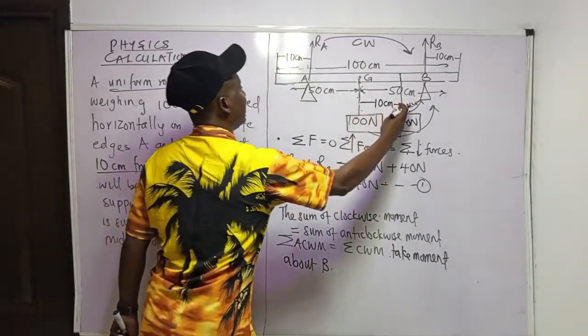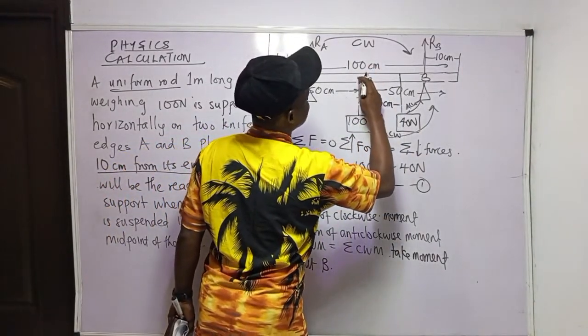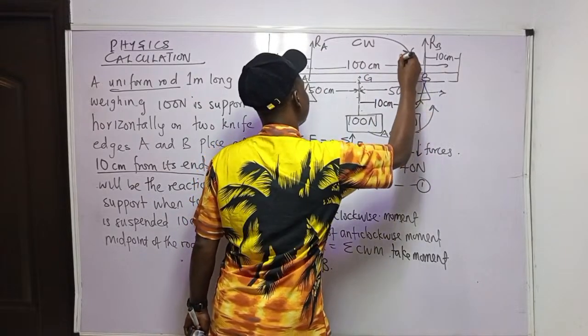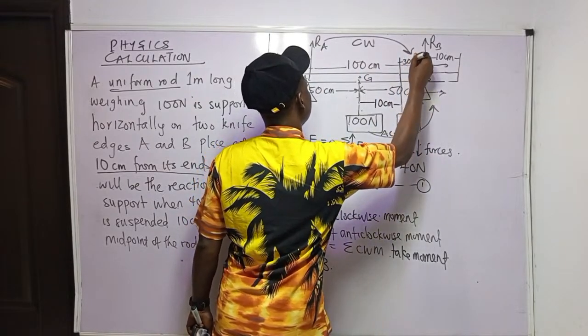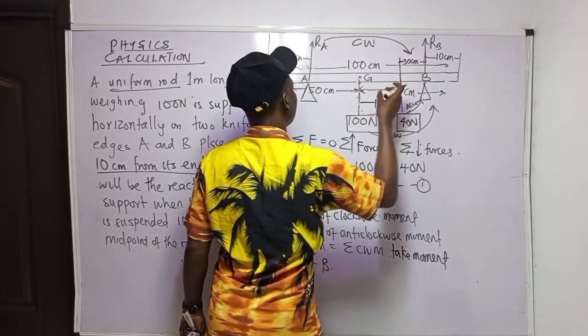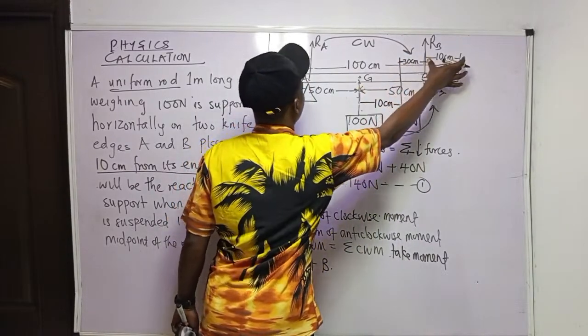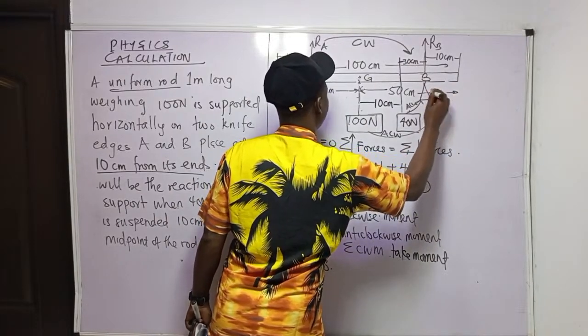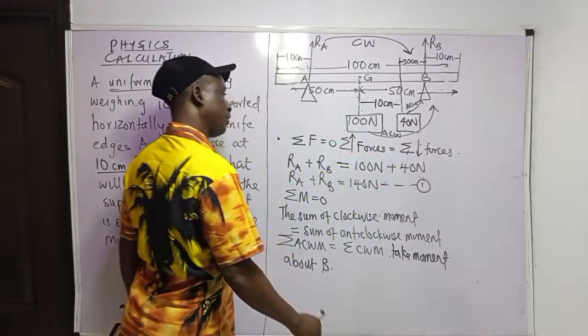So here is 10, here will be 30. So that 10 plus 30 plus 10 gives us 50 to that end. So from here to that place, we have 50.